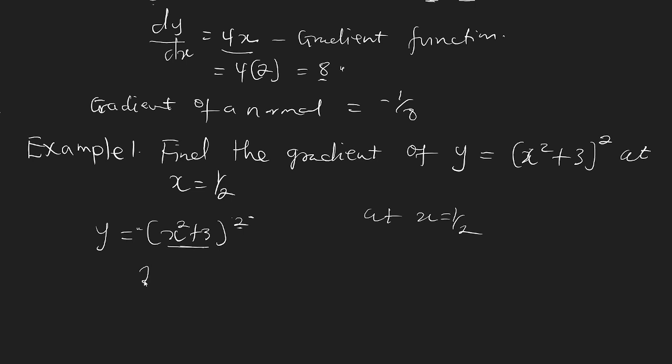So this gives us 2 times (x squared plus 3), times what is in the bracket. When I differentiate, I get 2x. So this is going to give me 4x times (x squared plus 3). You can also go by the chain rule.